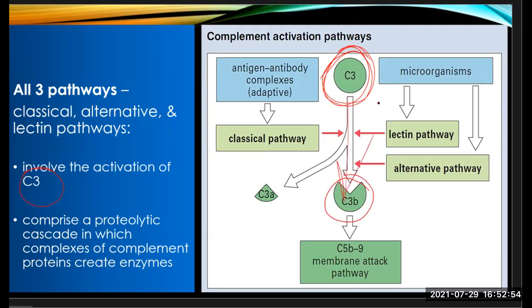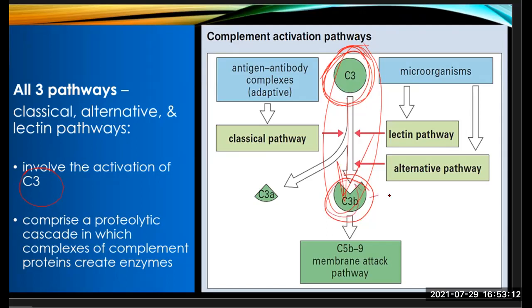C3 becomes C3b in the presence of that C3 convertase, and this is the central event of the complement pathway. C3b in turn activates the terminal lytic membrane attack pathway.